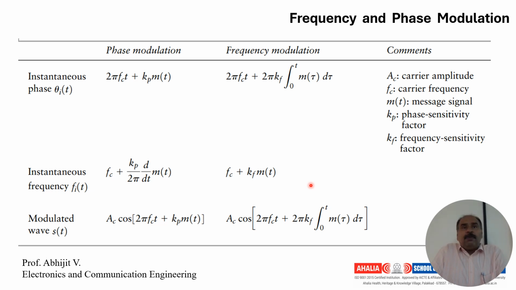Whereas for a frequency modulated signal, the output modulated wave is given by Ac cos 2 pi fct plus 2 pi kf integral 0 to t m tau d tau. So we have considered three important factors for our comparison: instantaneous phase, instantaneous frequency, and the output signal, s of t.